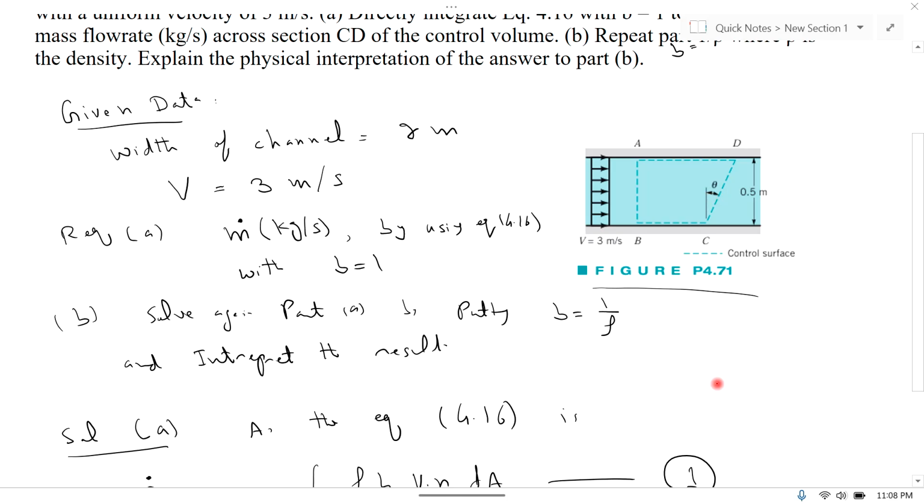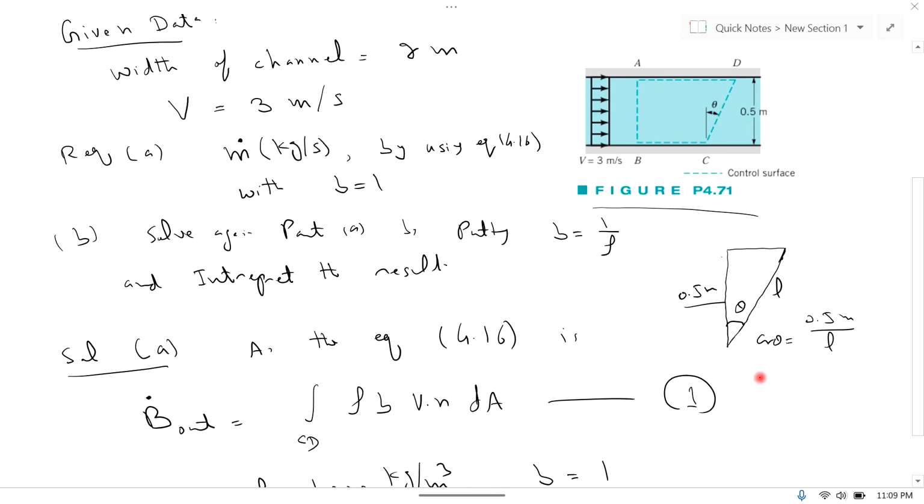So this is angle theta, this height is 0.5 meter, and this is L. From this triangle we can write cos theta is equal to the adjacent side divided by the hypotenuse. The adjacent side is 0.5 meter and the hypotenuse is L, so L is equal to 0.5 meter divided by cos theta.